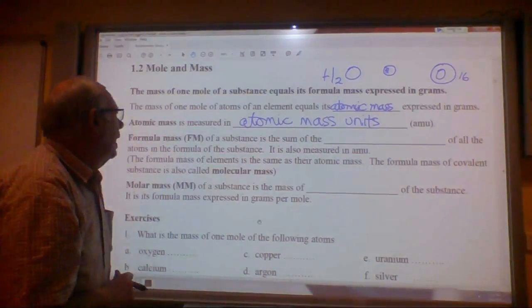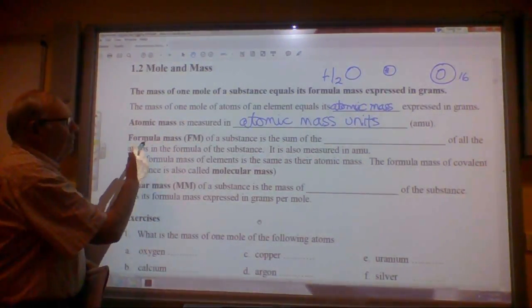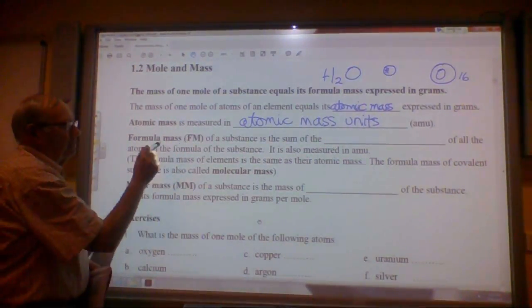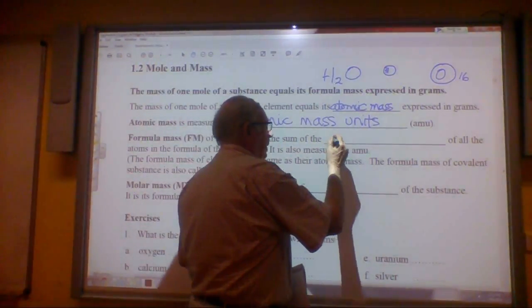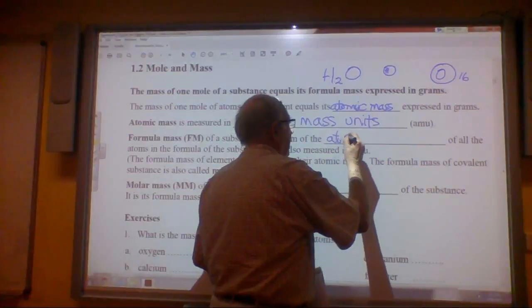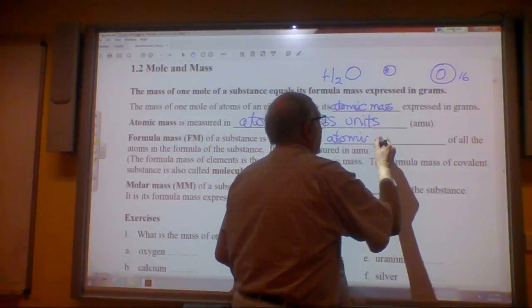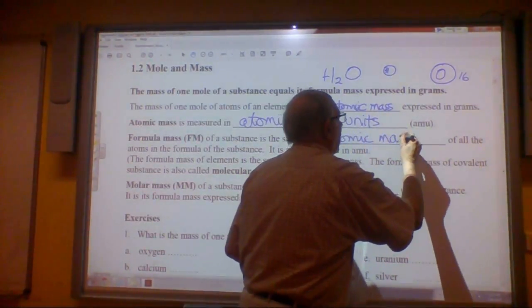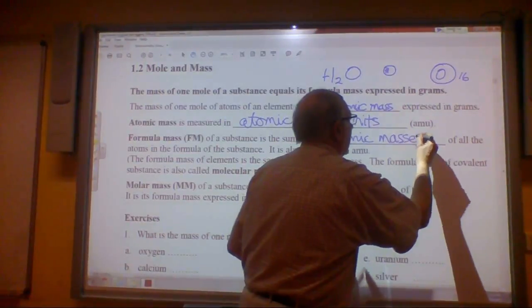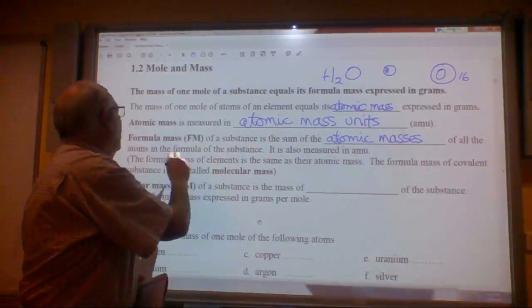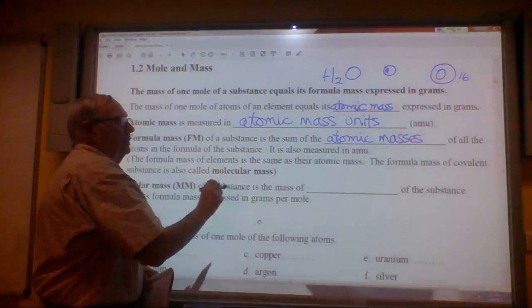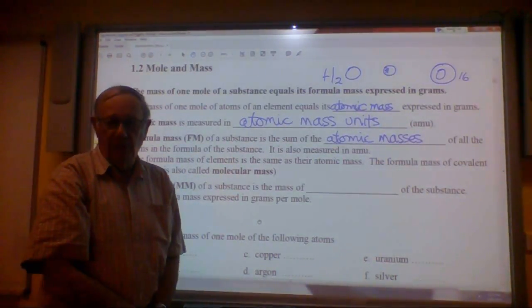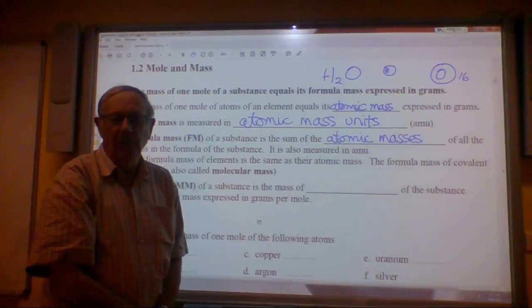Well, let's have a look a little bit further. A formula mass of a substance is the sum of the atomic masses of all of the atoms in the formula of a substance. And that is measured in atomic mass units.